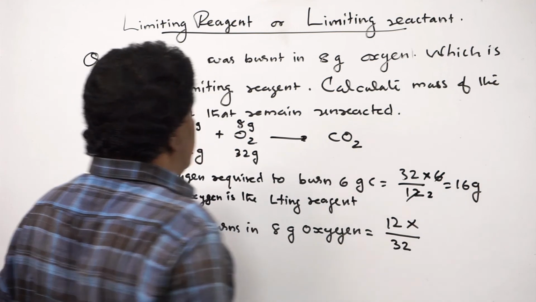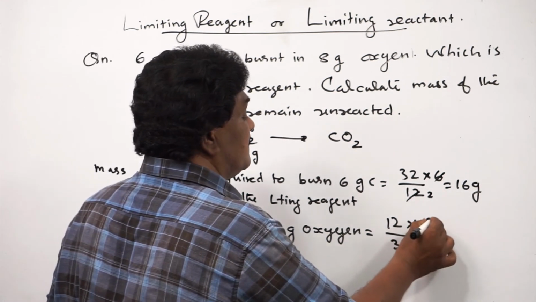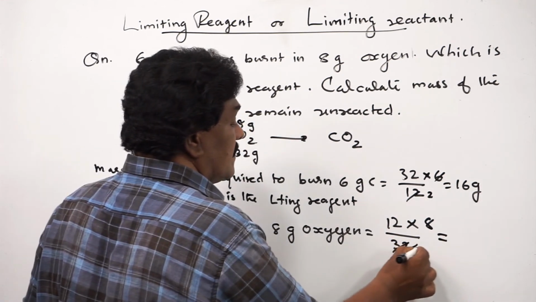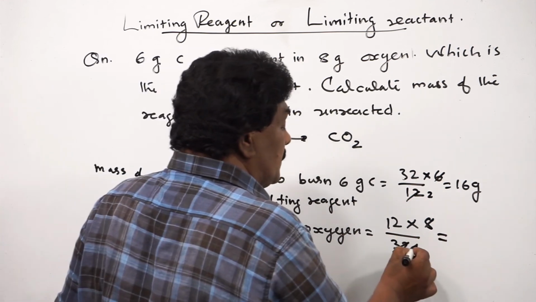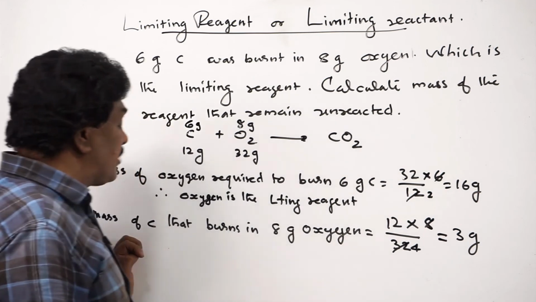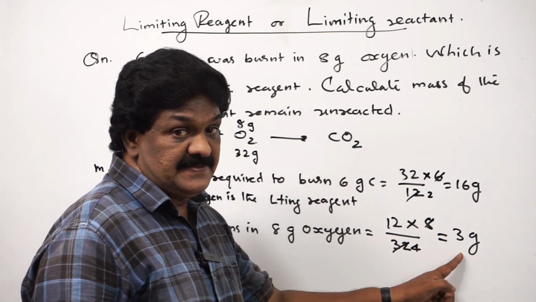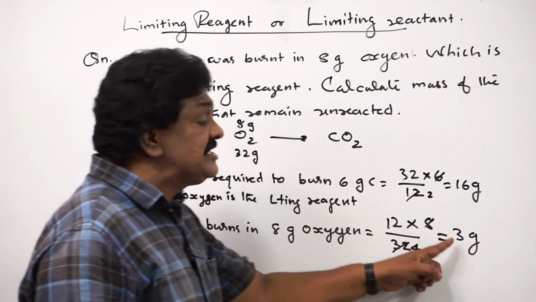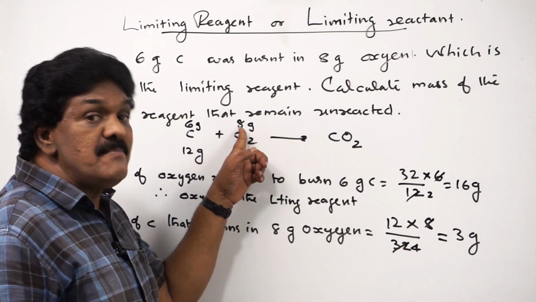Therefore, the carbon required to burn 8 gram oxygen, the carbon required to react with the 8 gram oxygen is 3 grams. So, out of 6 grams, only 3 gram is needed to react with the 8 gram oxygen.